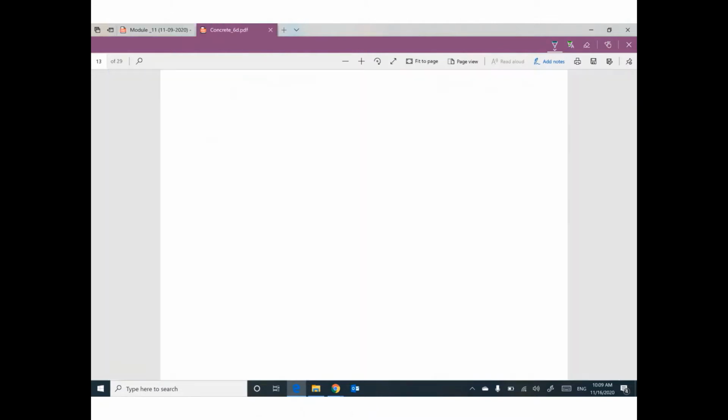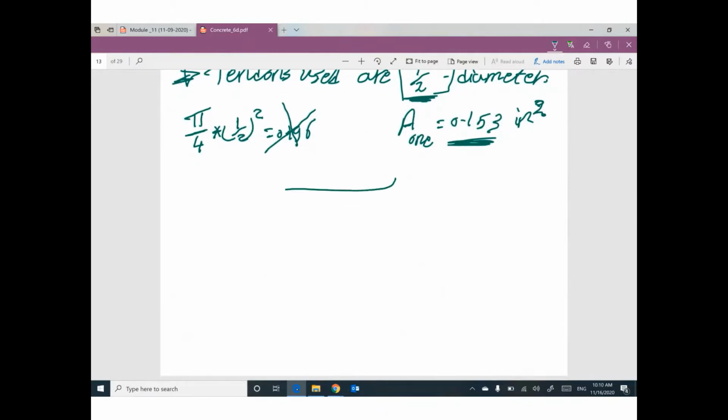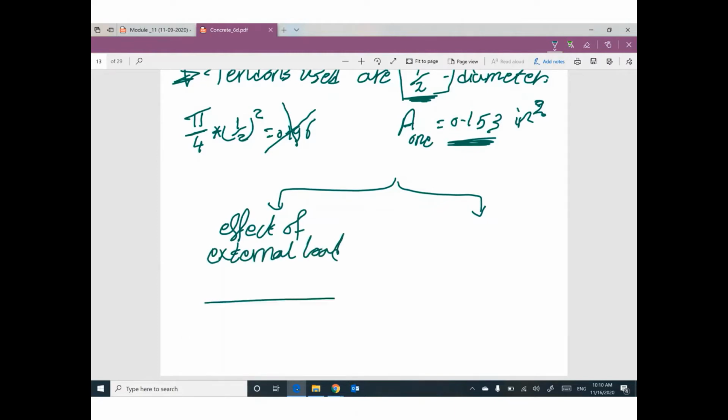Guys, just to remind you, to calculate stresses, we need two things. The first one, effect of external load. We have a beam. We have uniform distributed load, probably dead load plus live load. This will give you a moment. This maximum moment equals WL squared divided by 8.